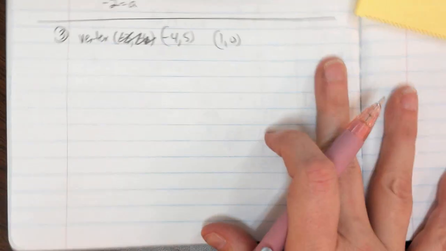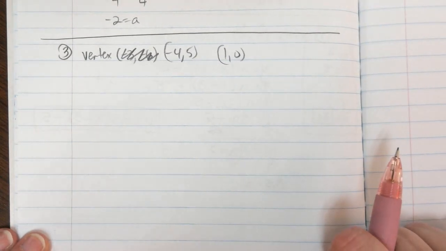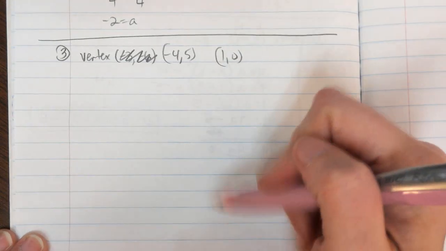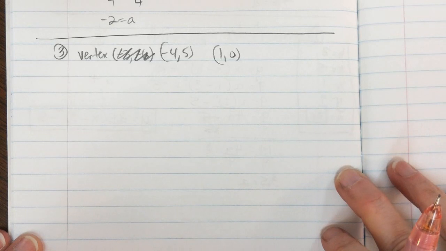I want you to try this problem, and what you're going to give me now is an answer in vertex form. So you're going to do the whole thing. Take a minute or two and do that right now.